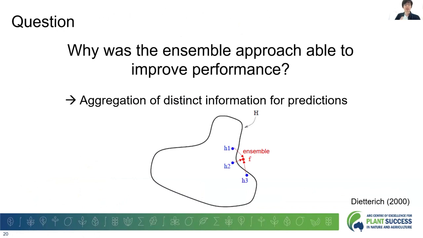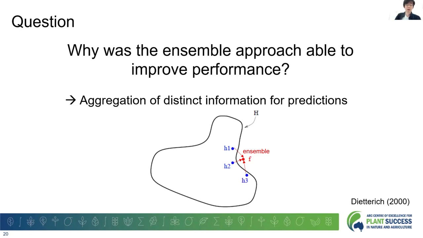From those findings, we can have one big question, which is why was the ensemble approach able to improve the performance? There are many ways to think about this, and one hypothesis can be the aggregation of distinct information for predictions. Like I said in the previous slide, each of the single models captures different SNP effects in a different way by using their own mechanisms and algorithms.